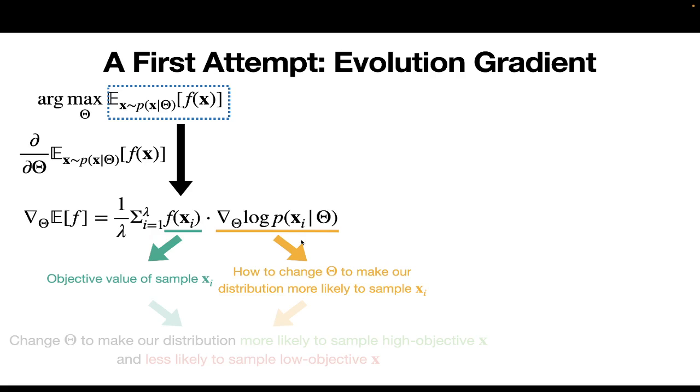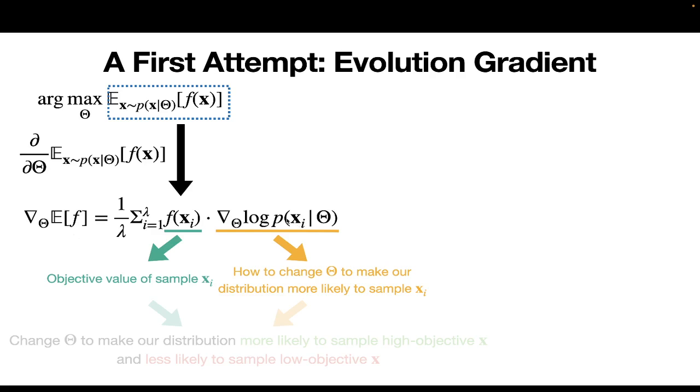You don't have to understand how we derive this gradient, but just by looking at it, it should make sense. The overall idea here is that we take lambda samples from our current distribution, and for each of those samples, we compute a gradient that essentially tells us how we want to change the current distribution in order to make it more likely to sample that specific sample. Since we have lambda samples, we have lambda such gradients, and our overall gradient is essentially a weighted average across all these samples.